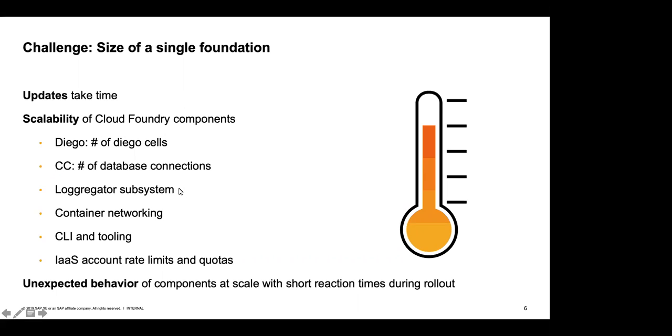We have also seen issues in the Loggregator subsystem. One factor there, again, is how many applications you actually have, and how many logs those applications actually write. But then also, and I guess many people running Cloud Foundry at scale have seen this as well, there are always those single applications going crazy, for example, because they can't connect to their database, and then they keep trying to connect to that database, but keep failing.